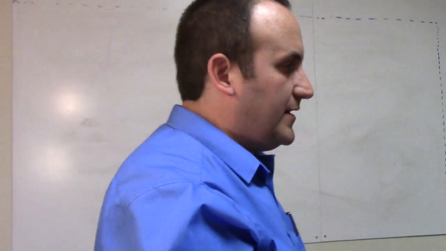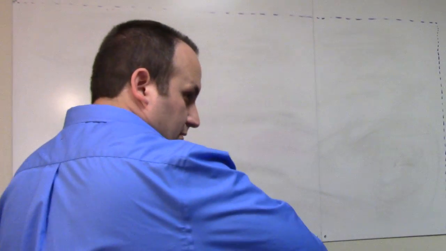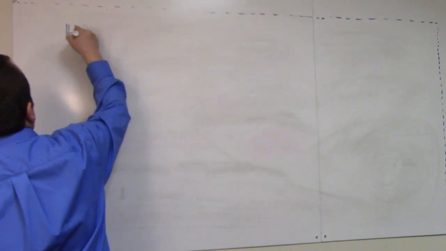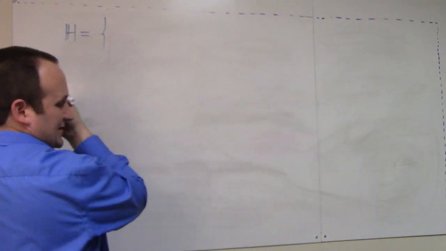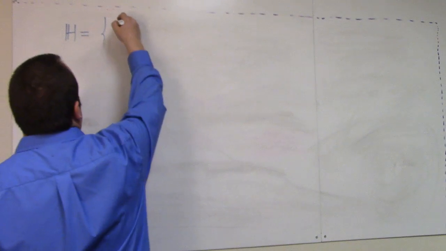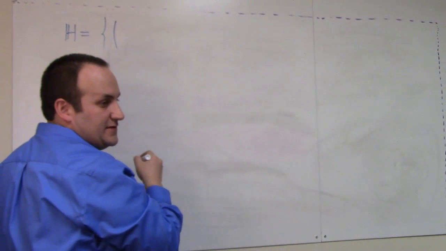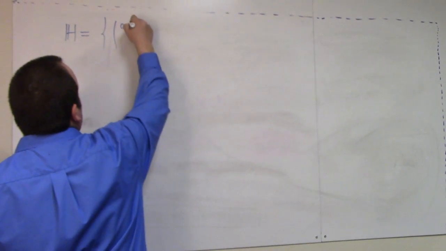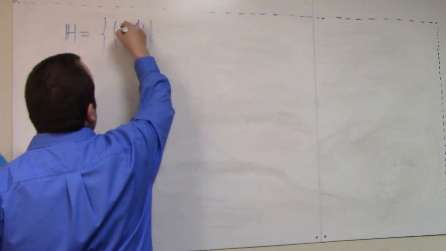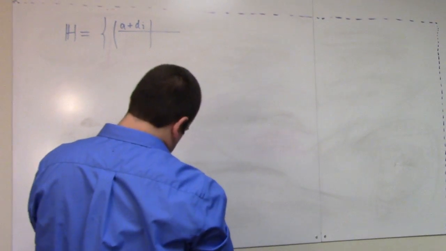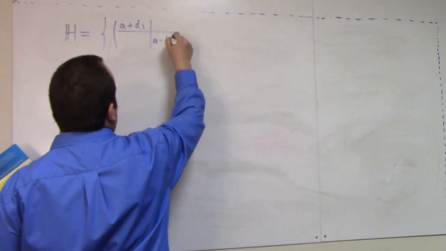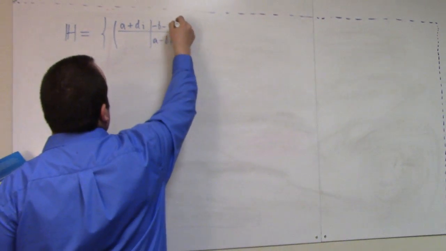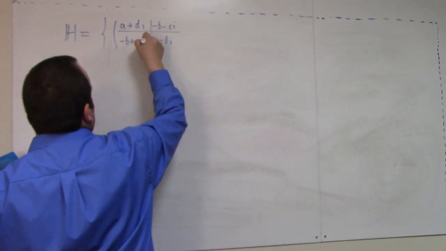Okay, so remember we talked about the quaternions last time? H we looked at is particular kinds of 2x2 complex matrices. What do they look like? They're a plus di, negative b plus ci, and then positive b minus ci, or is it plus ci?